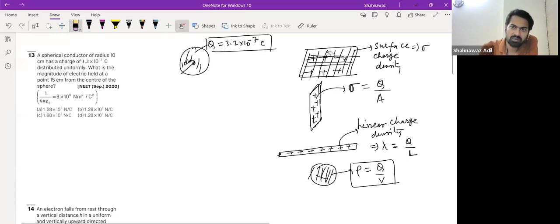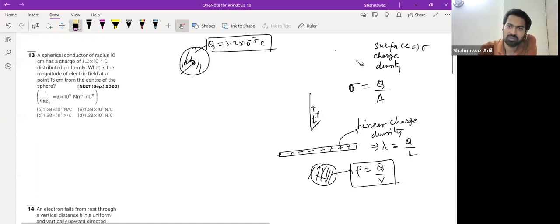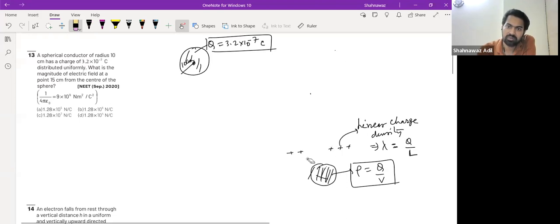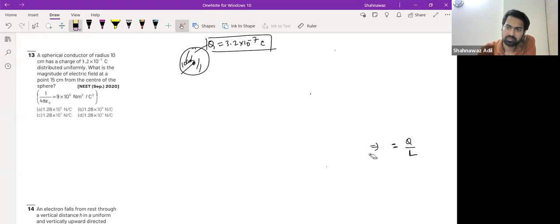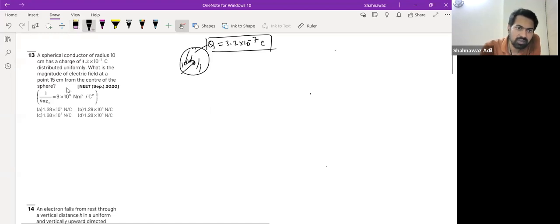So I was talking about how these charges are distributed uniformly. So this has a volume charge density which is uniform. Otherwise, the electric field would not have been uniform. So the charge density is uniform, and they want us to calculate the magnitude of the electric field at a point 15 centimeter.